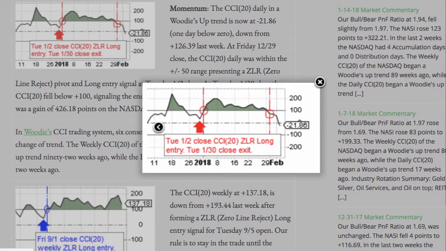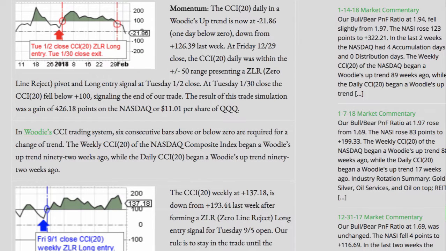Momentum. The CCI 20 daily in a Woody's uptrend is now at minus 21.86, 1 day below zero, down from a positive 126.39 last week. At Friday 12/29 close, the CCI 20 daily was within the plus or minus 50 range, presenting a zero line reject pivot point and long entry signal at Tuesday 1/2 open.